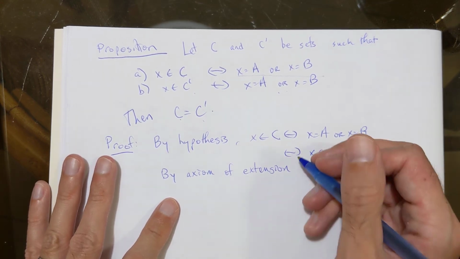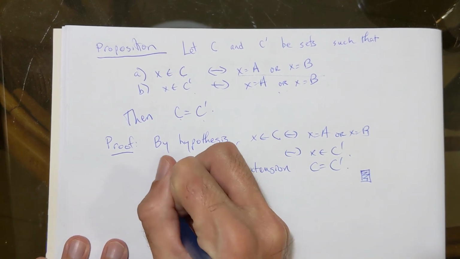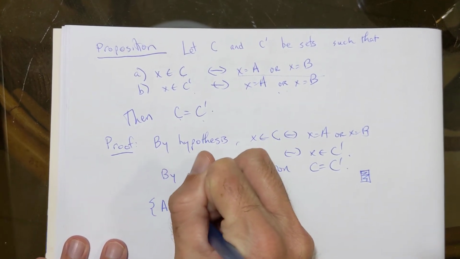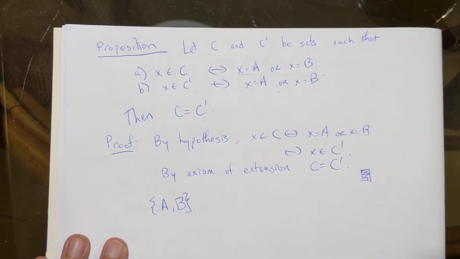So now we really get the unordered pair. The axiom of existence gives us a set.